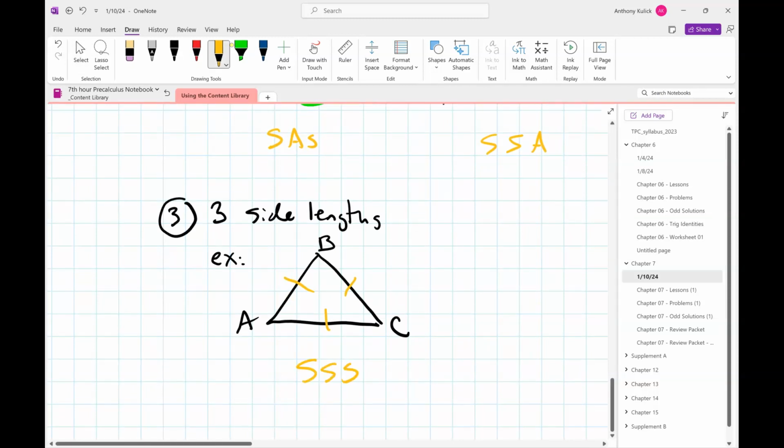It's always going to be a side, side, side, right? Is there an angle, angle, angle situation? You'll never be able to solve an angle, angle, angle triangle because there's infinitely many triangles that have different side lengths, but the same 3 interior angles, right?